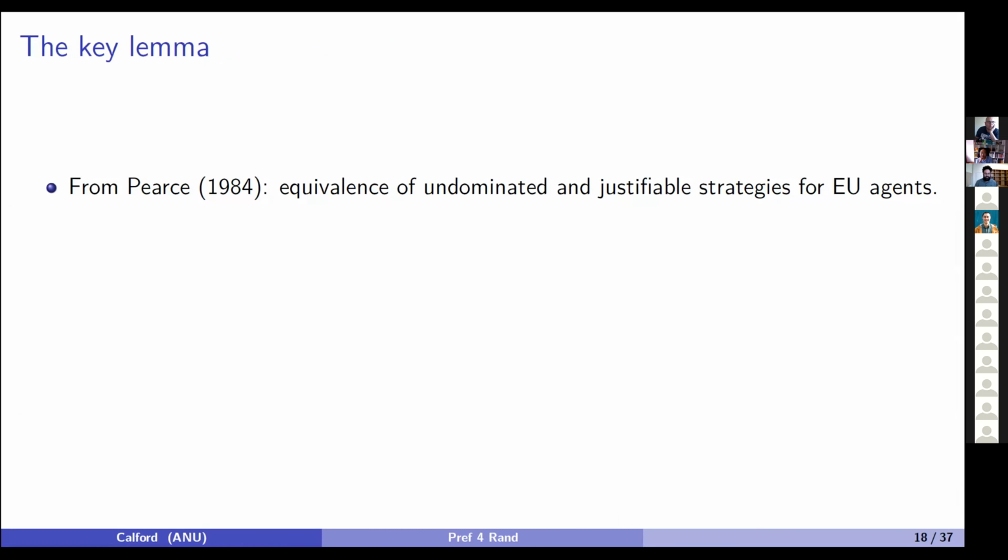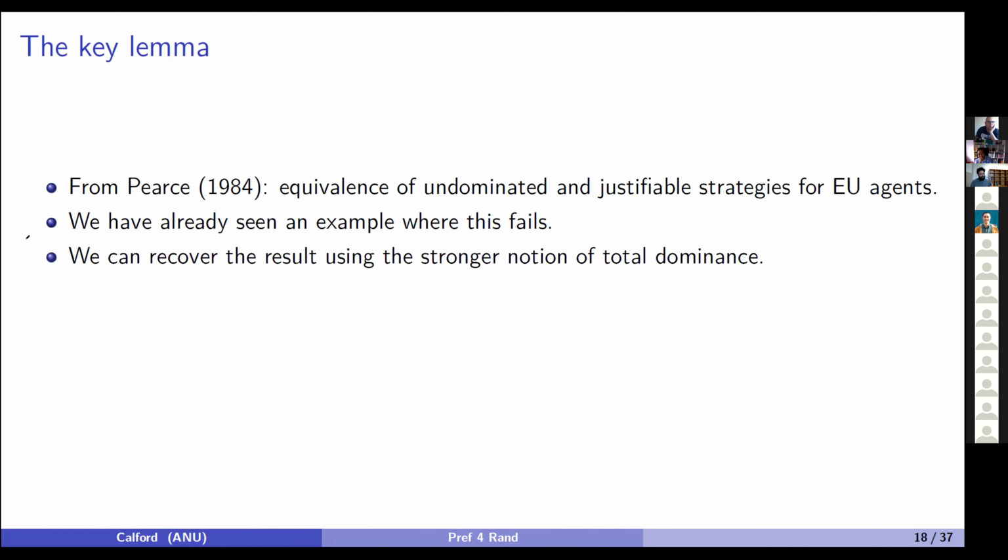And the first lemma, and kind of the most important one, is essentially a lemma from Pearce's paper. Versions of it go back to Wald as well. His complete class theorem is essentially the same idea. And so Pearce establishes the equivalence of undominated and justifiable strategies for expected utility agents. Okay, if a strategy is undominated, it must be justifiable for some beliefs. Now, we've already seen an example where this fails for the Cyto preferences that I'm studying.